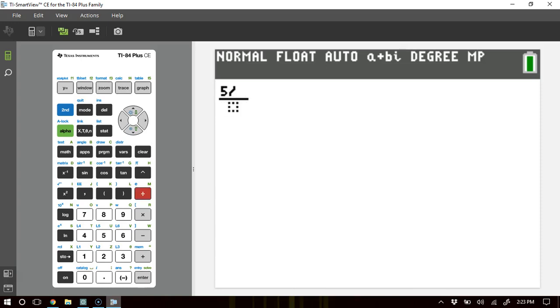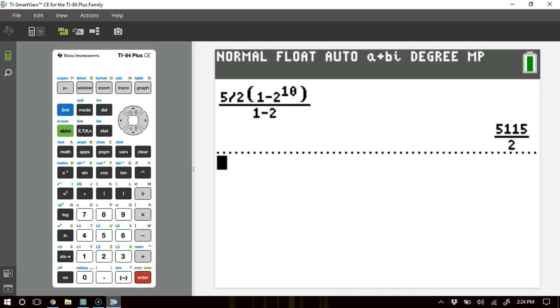I have 5 halves, parentheses, 1 minus my R, 2, to the 10th power. Now on the bottom, if you really want to write down 1 minus 2, you can. If you just want to type in -1, you can as well. And I hit enter. In this case, you get 5,115 halves.